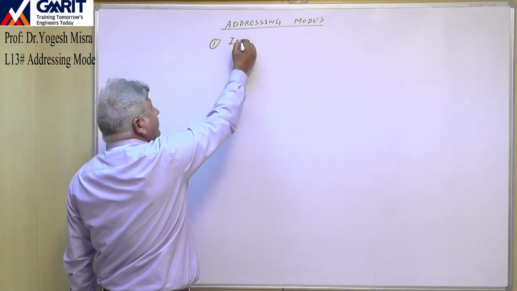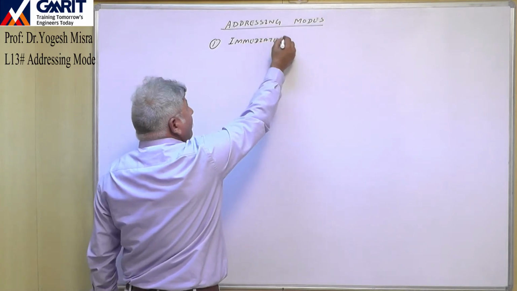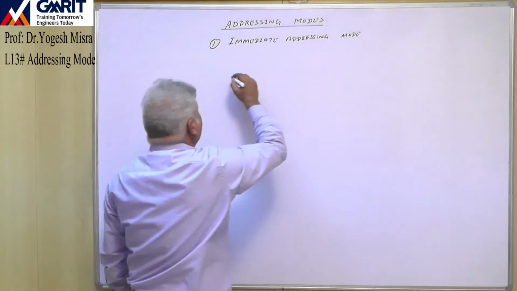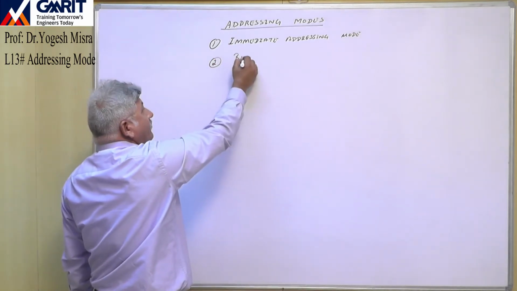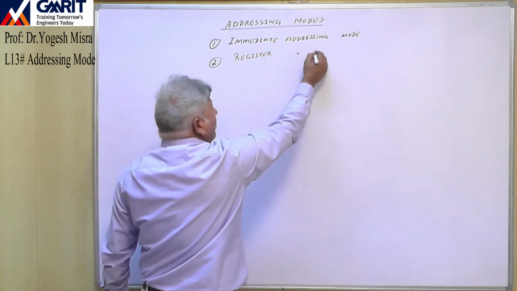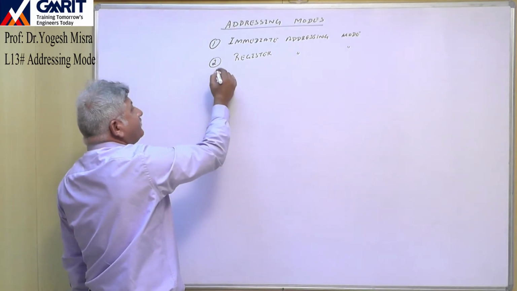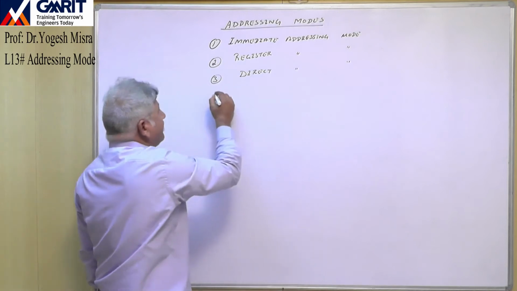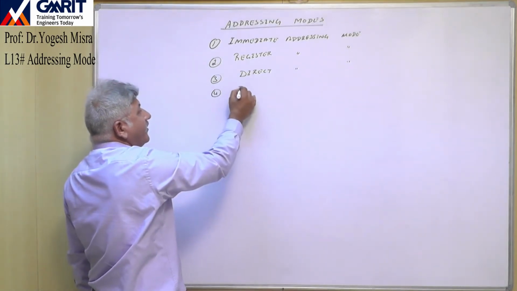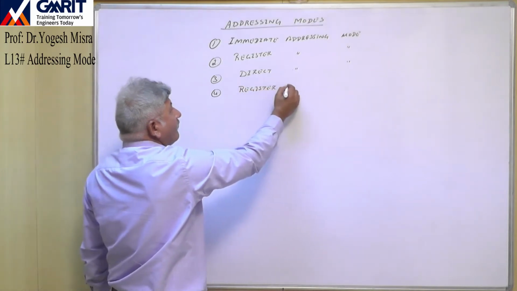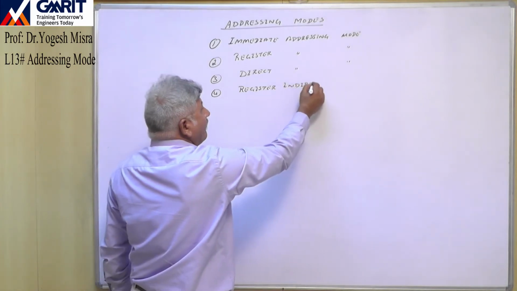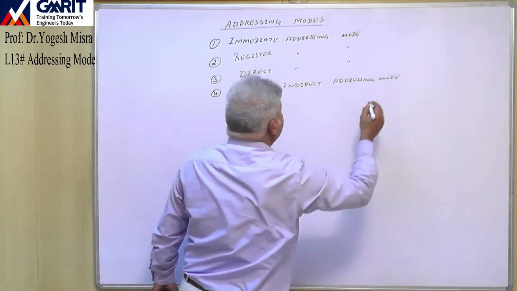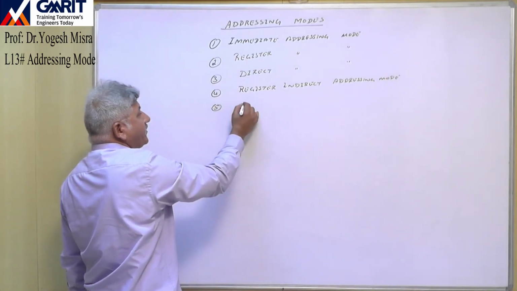For example, there is immediate addressing mode, another form is register addressing mode, another form is direct addressing mode, the fourth one is register indirect addressing mode, and the fifth is indexed addressing mode.